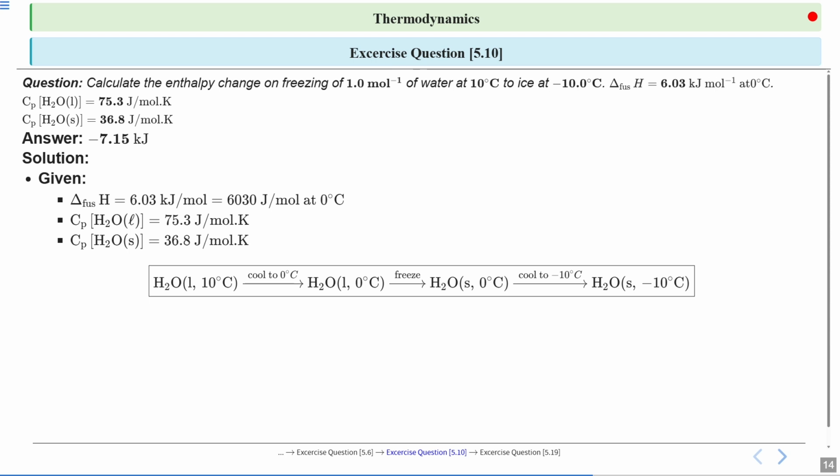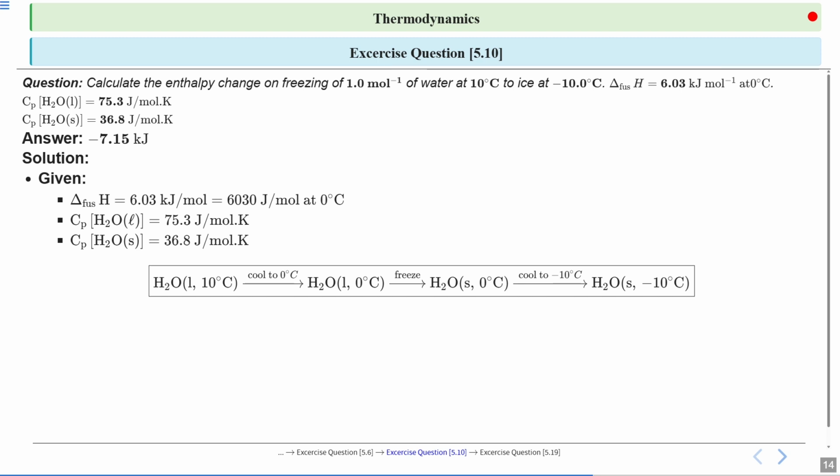Now at 0 degrees Celsius, there will be a phase transition from liquid water to ice. This temperature will be maintained, which is 0 degrees Celsius, until and unless the whole of the water is converted from liquid to solid. Then once you have your solid ice at 0 degrees Celsius, you have to take it to an even lower temperature, which is minus 10 degrees Celsius. So 3 processes are involved here, and you have to calculate the enthalpy change for each of these.